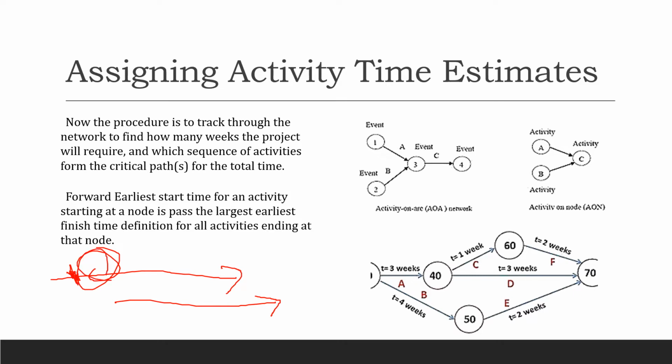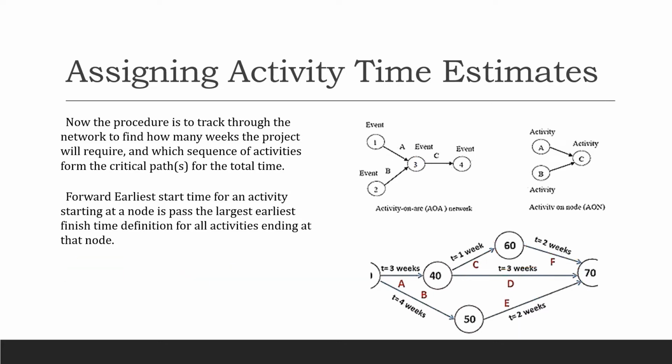This is telling you activities B and A end at this node, and this is the starting point of activity C, starting from this node past the largest earliest finish time. The same thing goes on here: this one goes there, another one starts from here and goes there. This and this go toward that and end right here, and then another one is going to start.